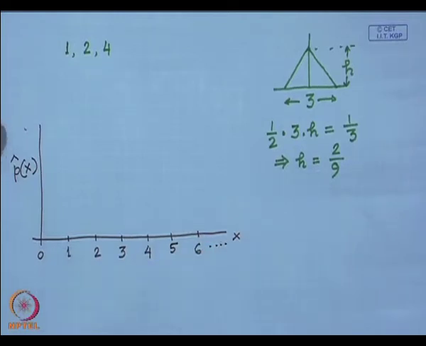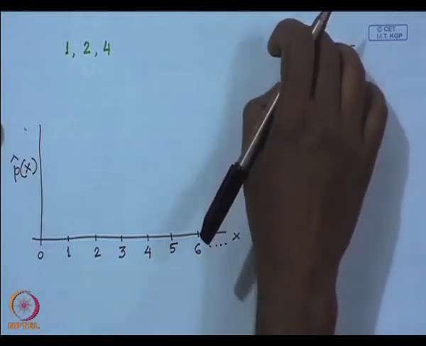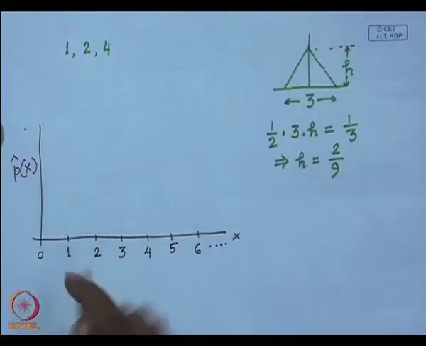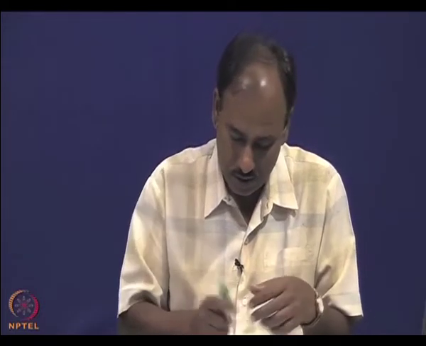So, I have to put this triangular window at location x equal to 1, one window at location x equal to 2, and one window at location x equal to 4. So, let us place these windows.